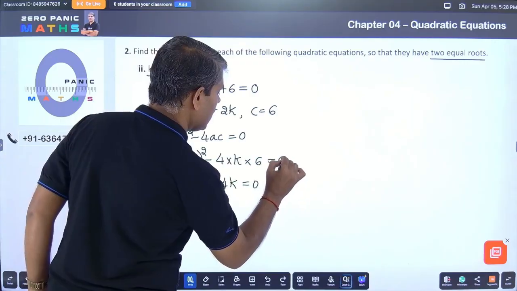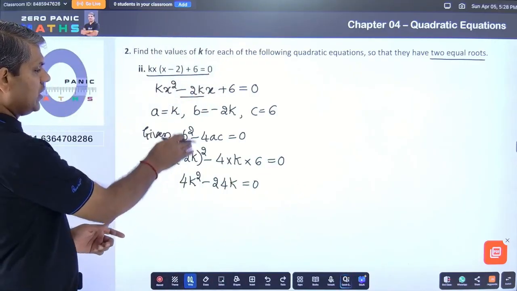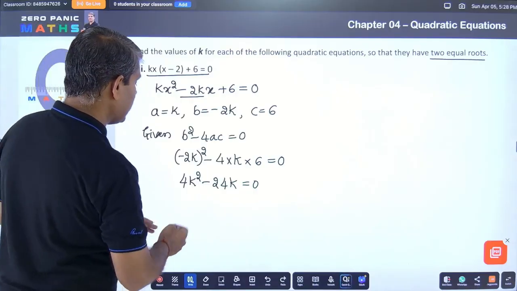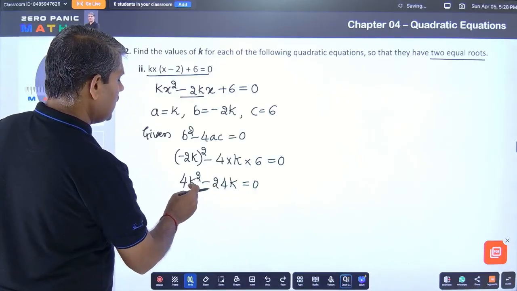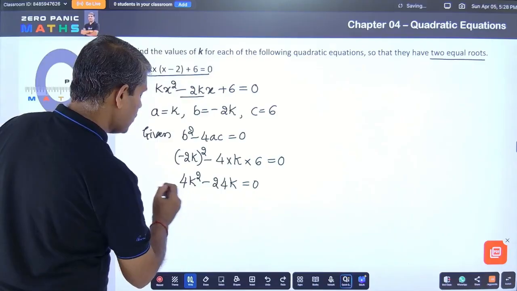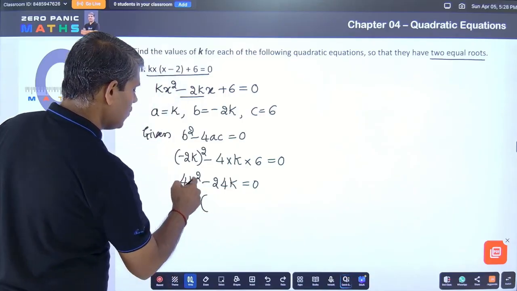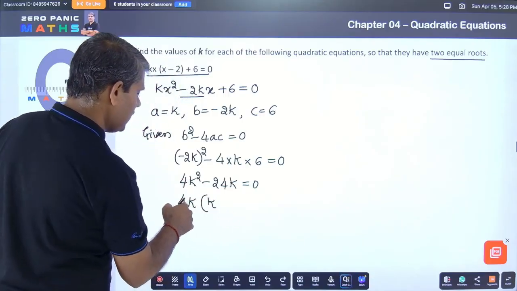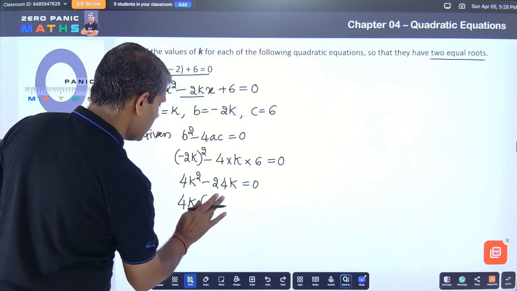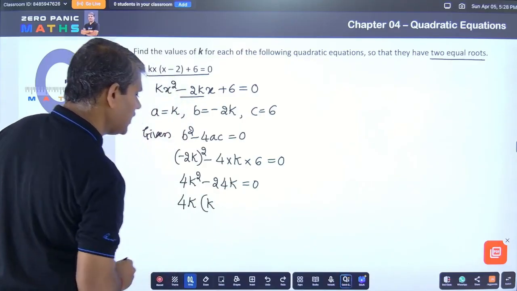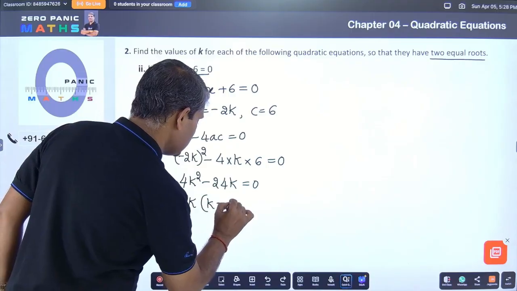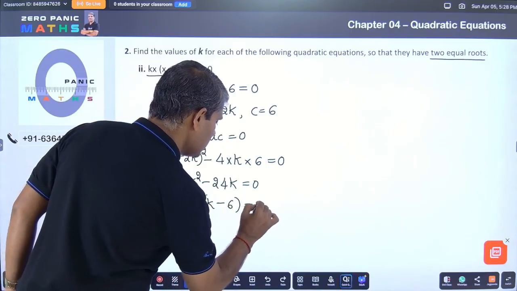This is also equal to 0 because that was given only. Okay, now let us take 4k outside common. What remains here is k, since 4k times k is 4k squared. So I'm left with k here, so it is k minus 6 equal to 0.